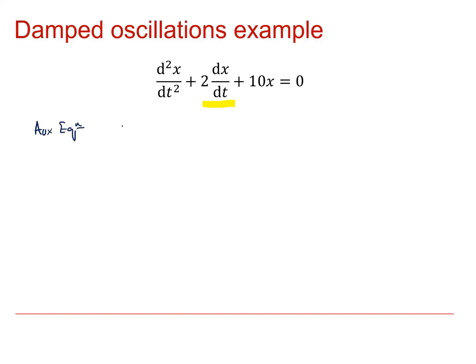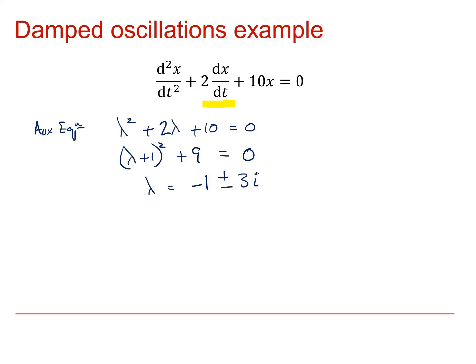So our auxiliary equation is going to give me lambda squared plus 2 lambda plus 10 is equal to 0. And completing the square, I'm going to get lambda plus 1 all squared plus 9 is equal to 0. And so that gives me that lambda is equal to minus 1 plus or minus 3i.